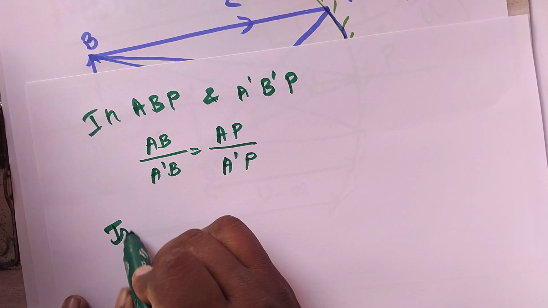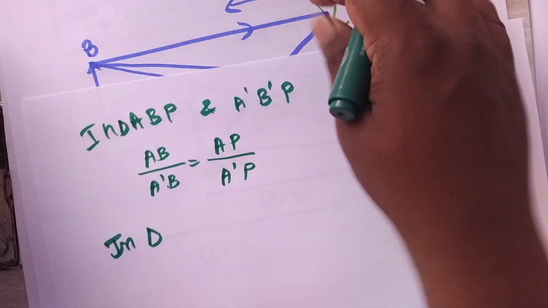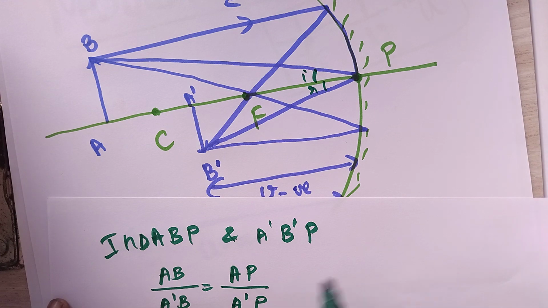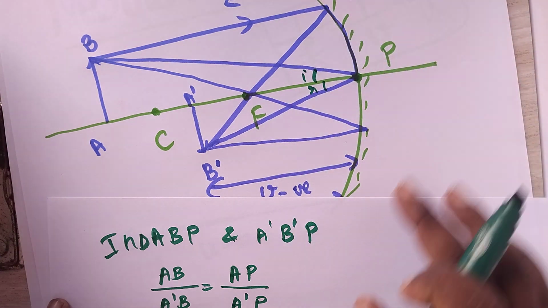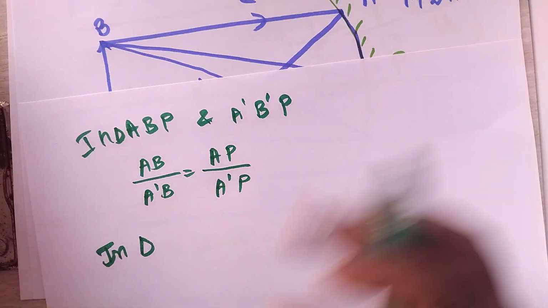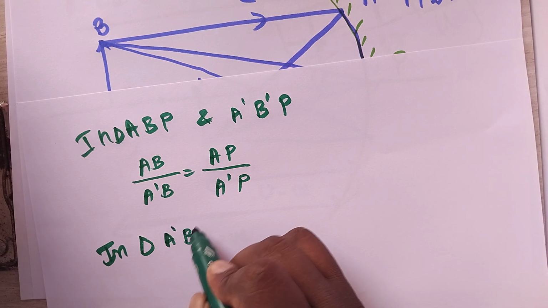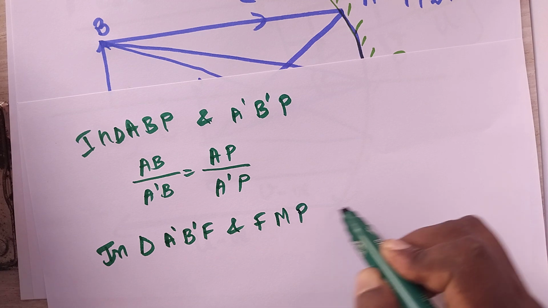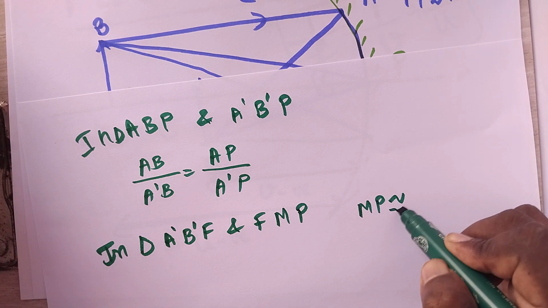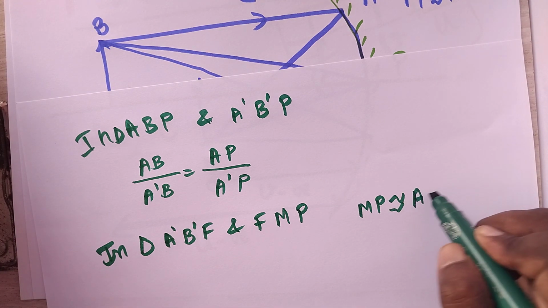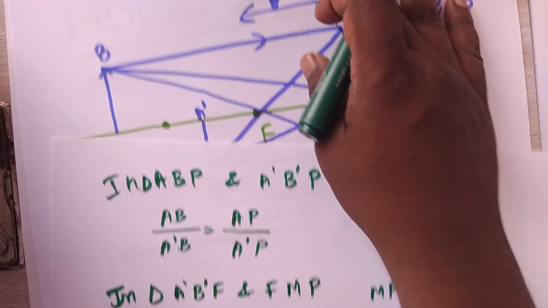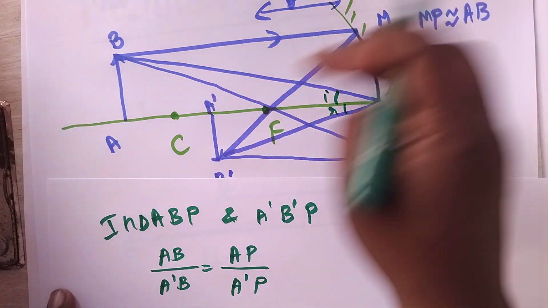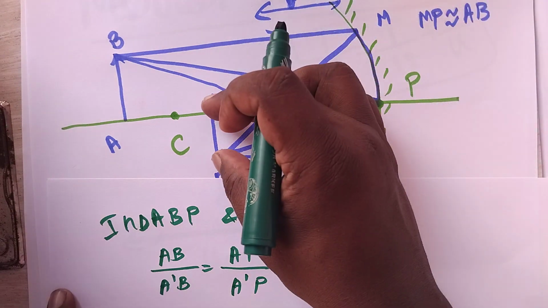Another similar triangle I am taking now: A dash B dash F and FMP. Already we know MP is approximately equal to AB. Now we'll do these two similar triangles.